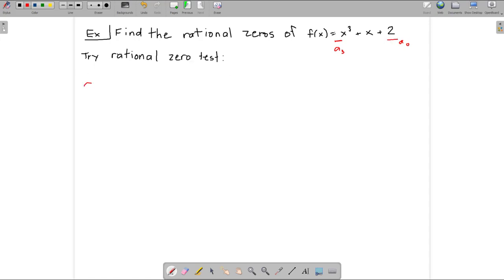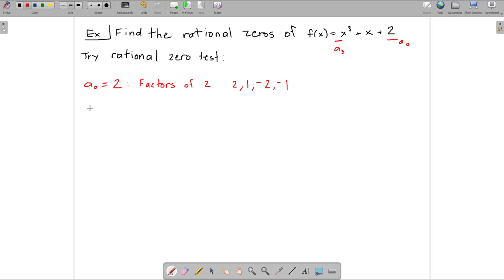So a_0 equals 2. So the factors of 2, just like we've done with factoring in the past, we list our factors. The factors of 2 are 2 and 1, or negative 2, negative 1, right?